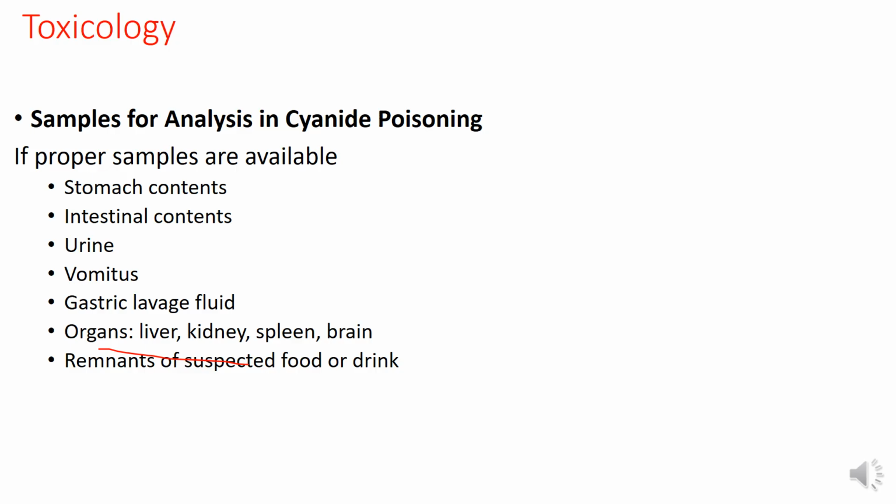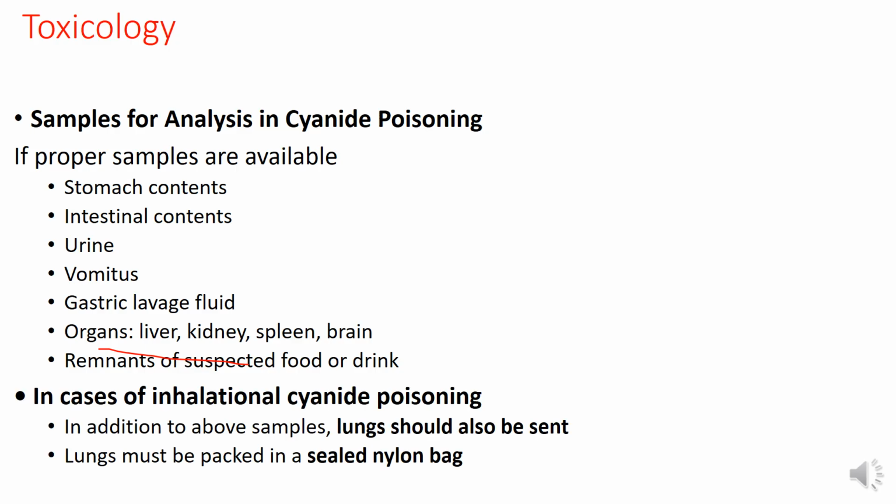However, as I mentioned earlier, if you suspect inhalation of cyanide gas, you have to collect lungs, as mentioned in carbon monoxide poisoning. The lungs must be packed in sealed nylon bags and sent to the laboratory to analyze entrapped gases.